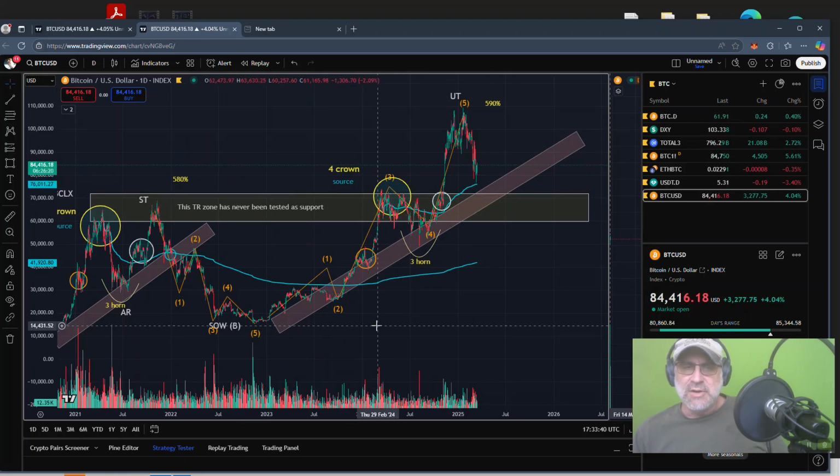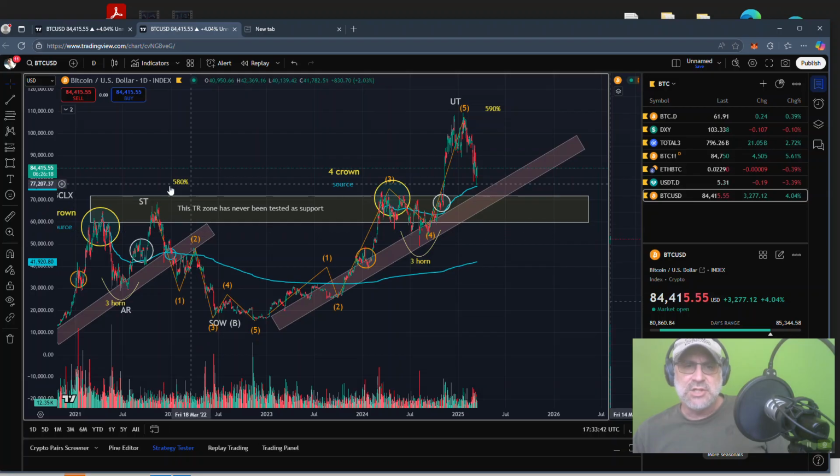And so if you recall yesterday, I mentioned that this macro trading range zone, this macro resistance zone up here, has never been sufficiently tested, has never been tested from the top down.